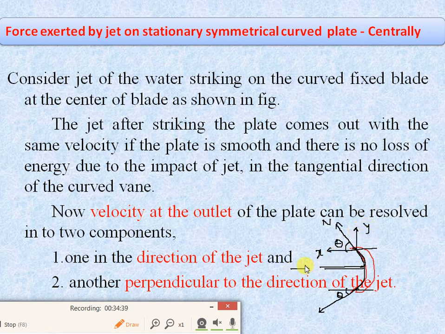The jet direction is along the positive x direction, and after striking, the jet has some velocity in the negative x direction, and the velocity along the y direction is vertical. Similarly, on the bottom side the velocity along the opposite direction is negative, and downward again it is negative y.